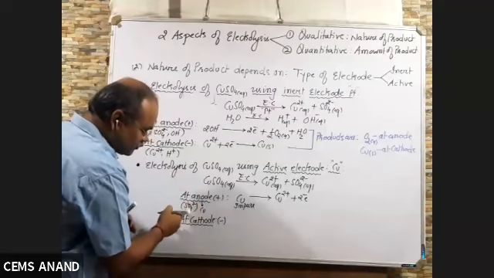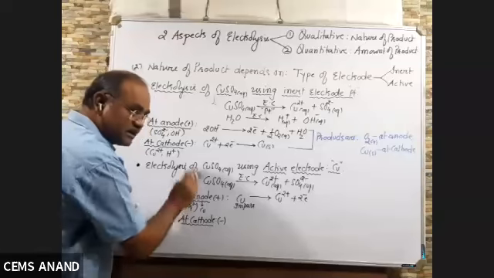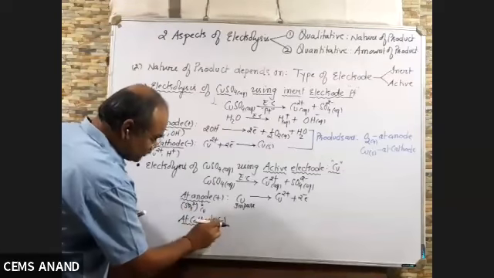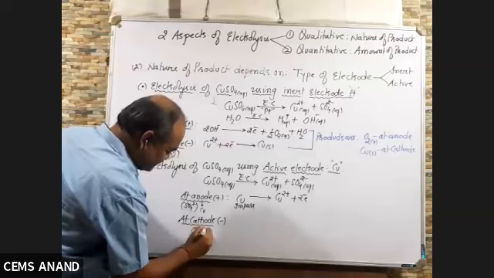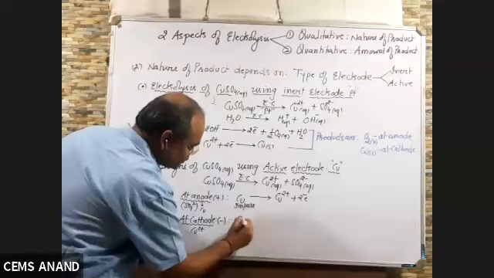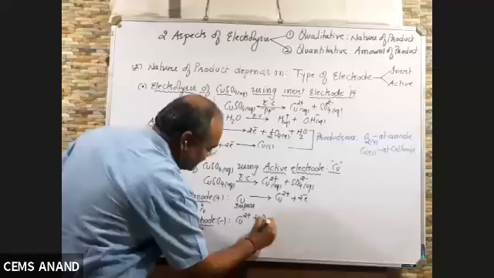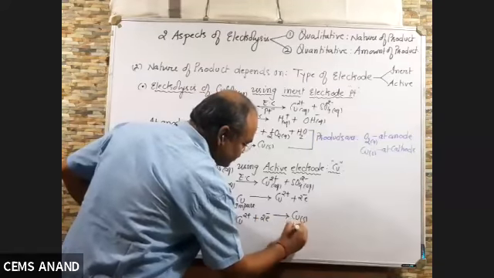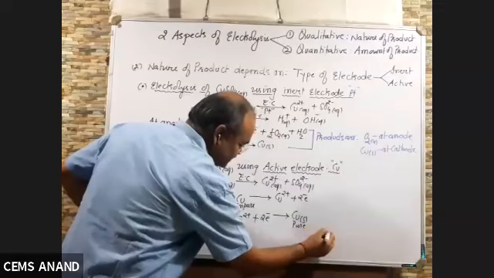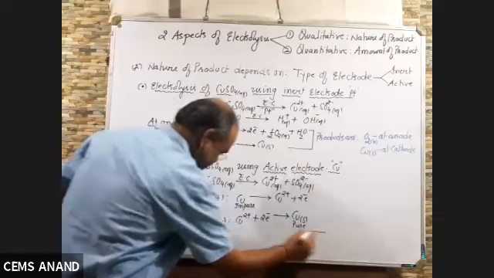Here I told you why SO4 2- does not undergo oxidation, its maximum oxidation state is already reached. The cathode is negative, so Cu2+ will be attracted. So Cu2+ takes 2 electrons and gets deposited as Cu solid. This is pure. And this reaction you have studied in 10th.